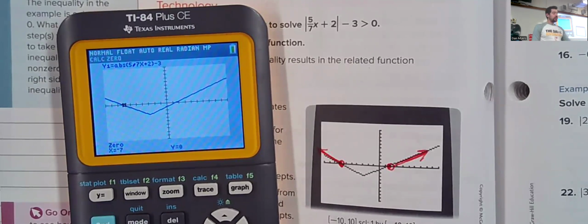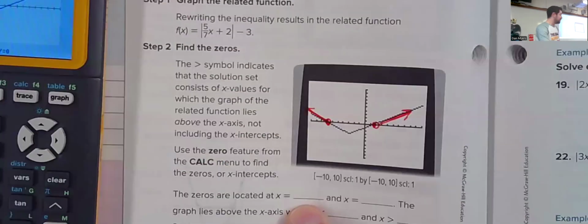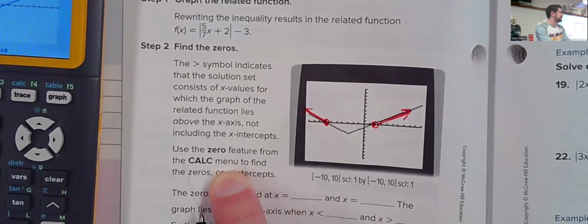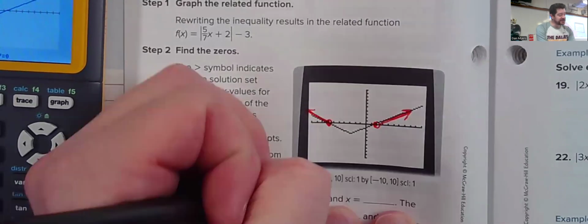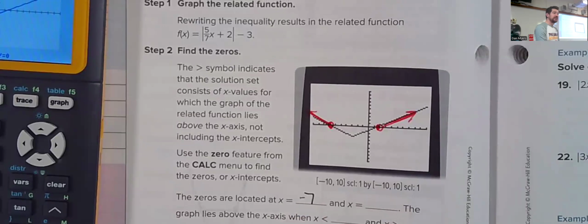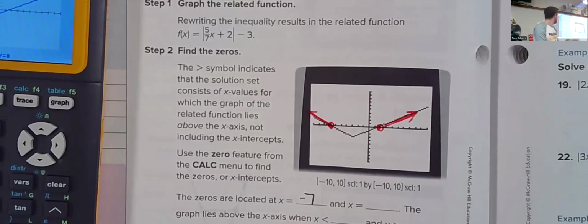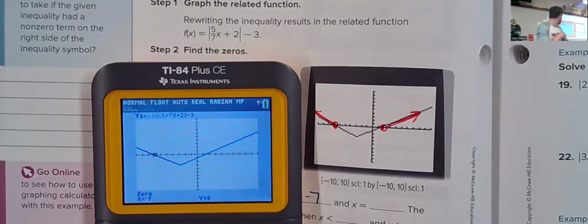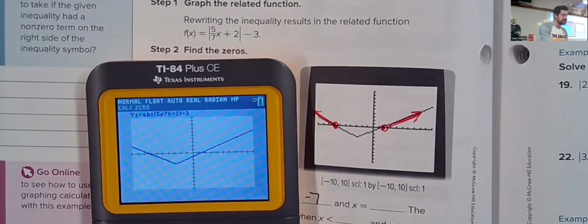So one of our x-intercepts, the zeros, oh yeah, look at that right there. It says 0, and it also says to use the zero feature from the calculation menu. So there are reminders in your notes, which is good. -7 is one of our zeros, so put that in for the first one. And let's figure out where the other zero happens to be. We go back to the calculation menu, second trace, option 2, zeros.